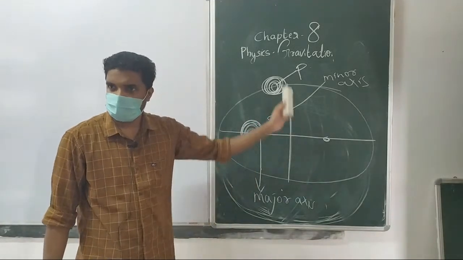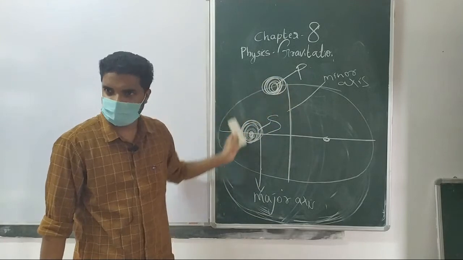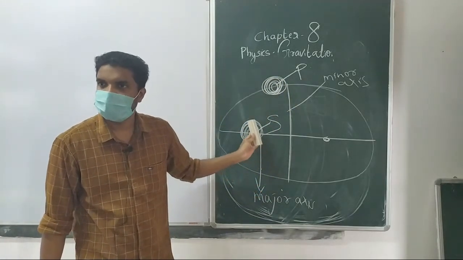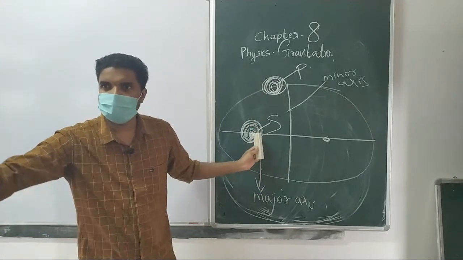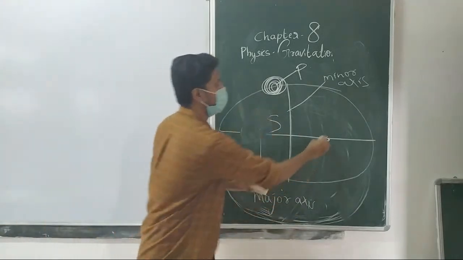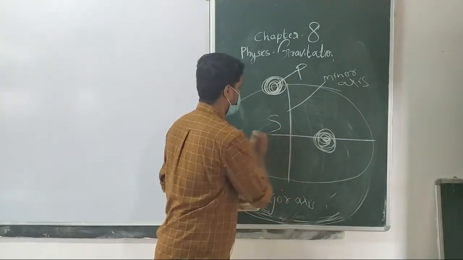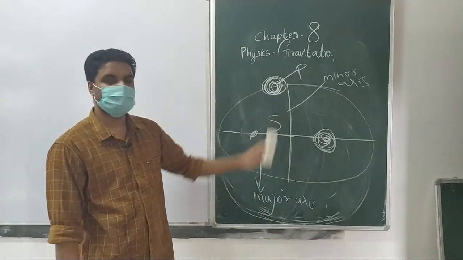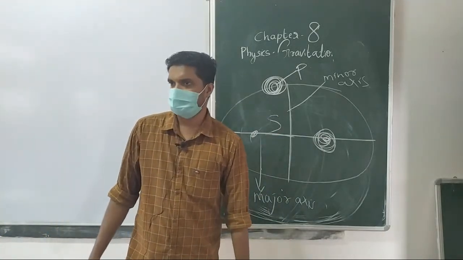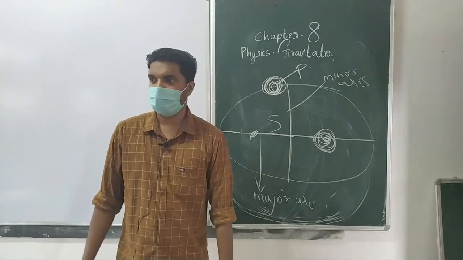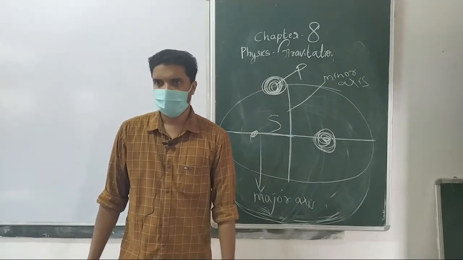Either here or here, I can place it here also, no worries. It should be there. Understood? Yes, this is called the law of orbits, otherwise called Kepler's first law.